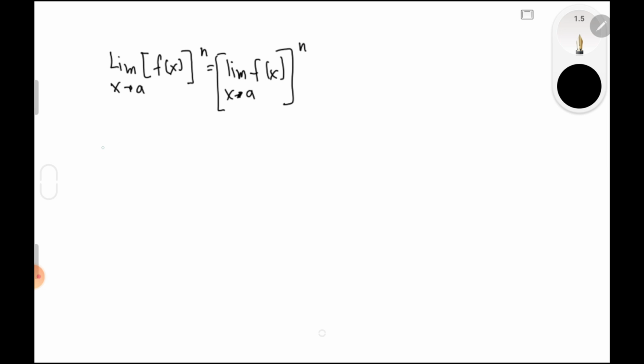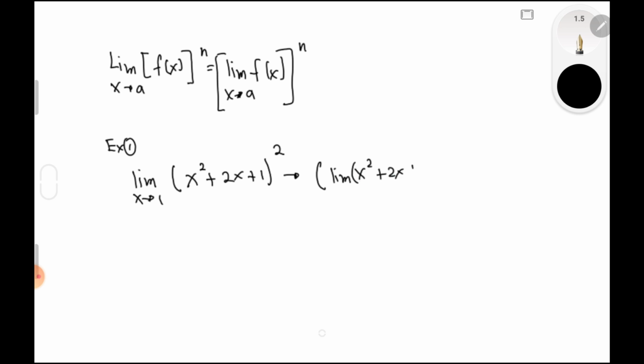Okay. So example is if we have the limit of x squared plus 2x plus 1, raised to 2, as x approaches 1. So we can write it into the limit, we can put the limit inside, of x squared plus 2x plus 1 as x approaches 1, raised to 2.